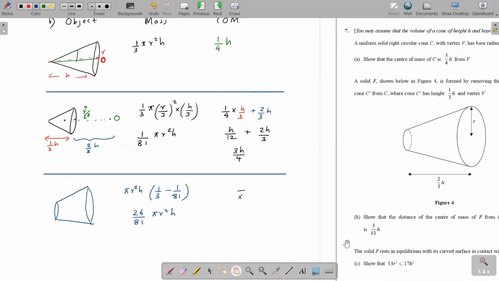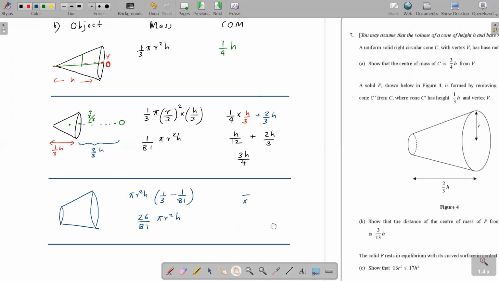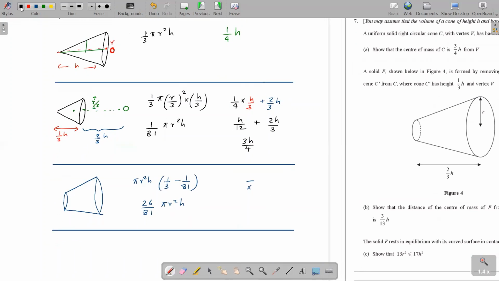Okay, so we are ready with the table now. Now it's time to take mass into center of mass and get the answer. So let's multiply. Remember, from the large cone, you are removing the small cone. I put a minus sign to remind us that we are supposed to remove. From the large cone, we remove the small cone and we get this frustum shape.